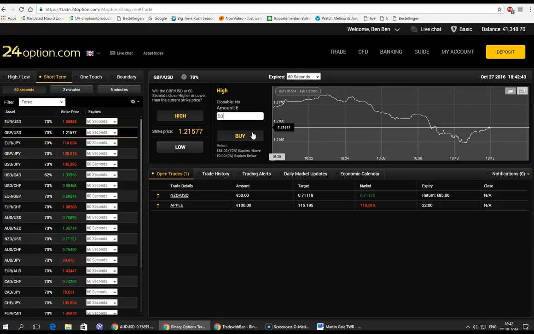I see a lot of spikes, especially with the euro and the Japanese yen. So the Japanese yen is going quite down right now. Don't know what's really going on.